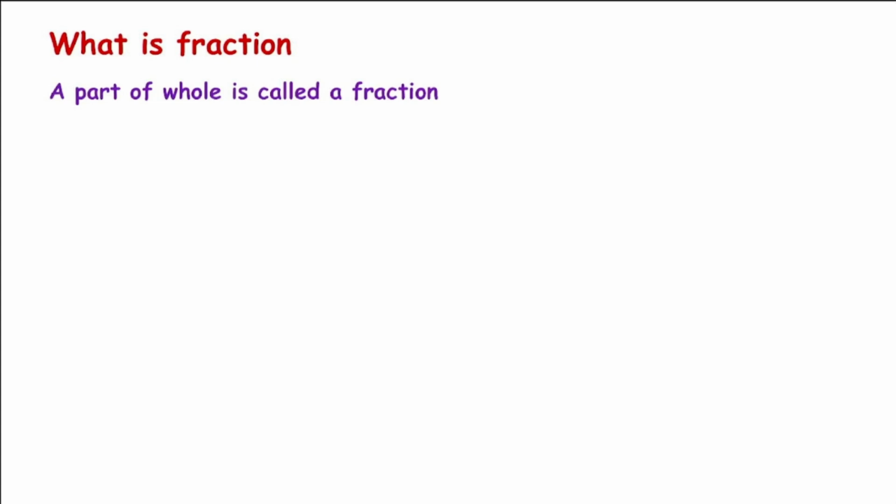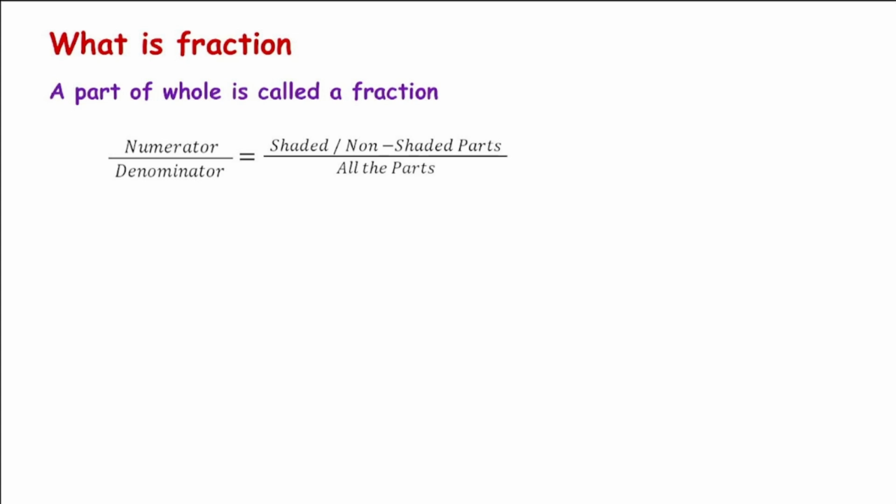Now what is a fraction? A part of a whole is called a fraction. Numerator over denominator. This is how we represent any fraction. In the numerator, we take all the shaded or non-shaded parts, whereas in the denominator we take all the parts. For example, I have taken one circle and divided it into 4 equal parts.